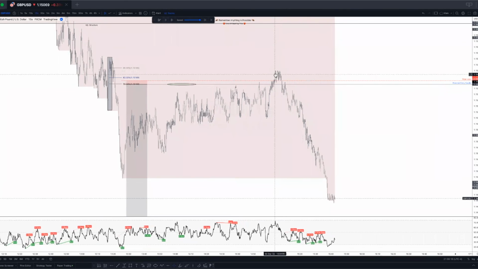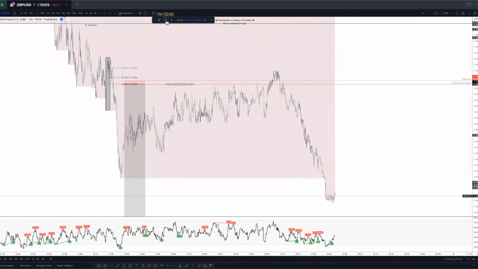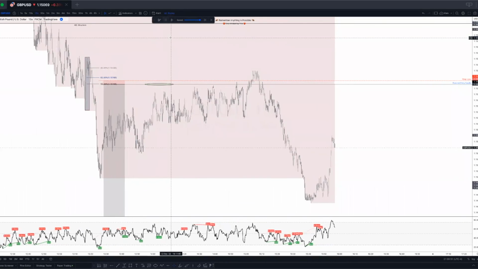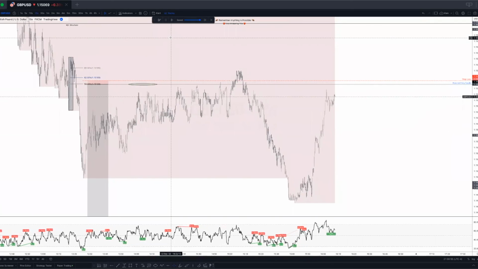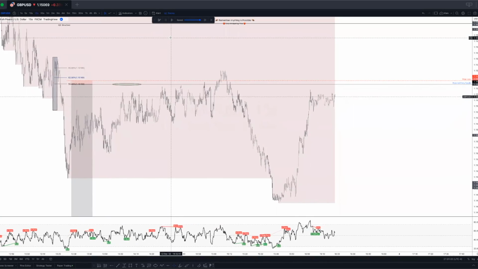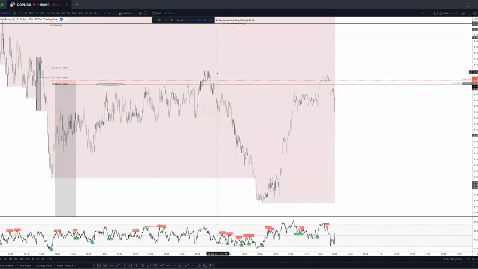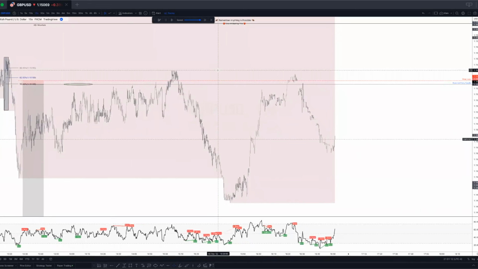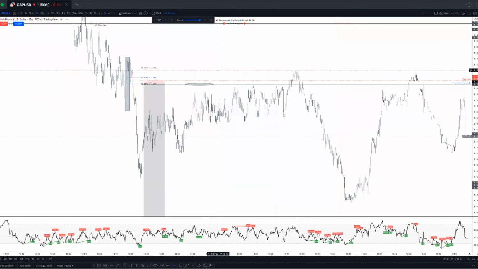Fall all the way down. You know, mitigate that. That's it.